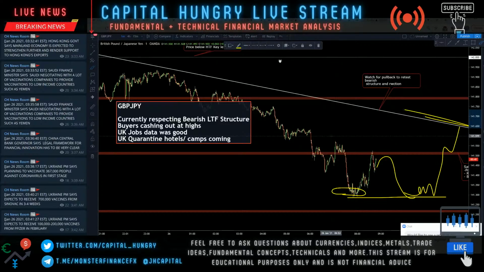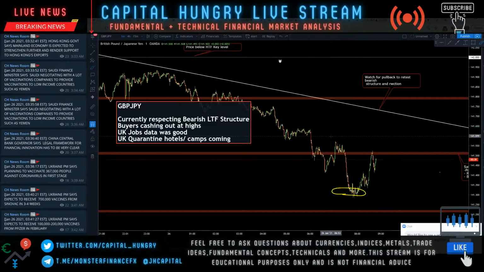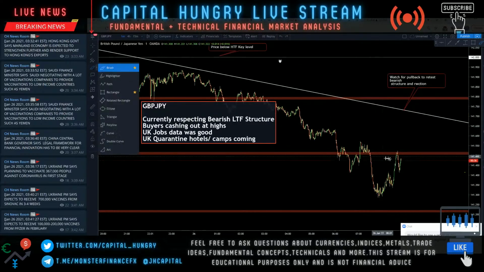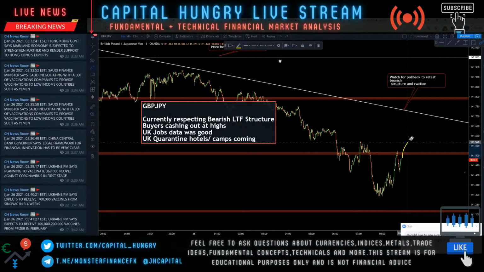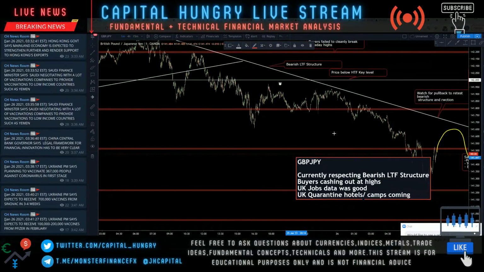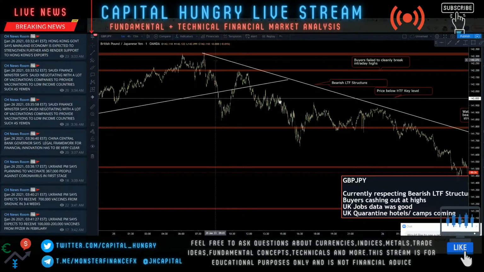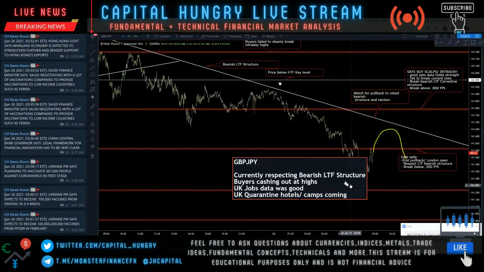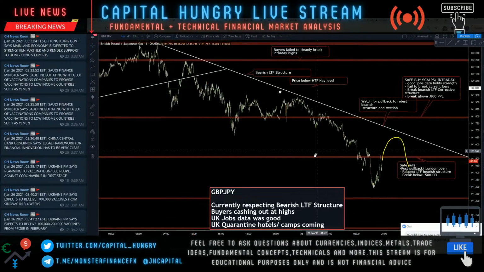But through London and through New York, even right now, if we were to have an aggressive pullback to like 141.65 area, when I'm looking at the bearish market structure that's been respected for a period of hours now since those 142.2 highs, when you zoom out and look at that structure, it's really nice, right?